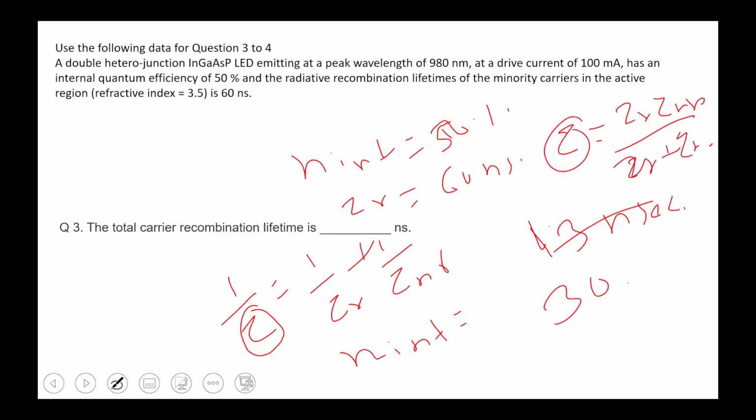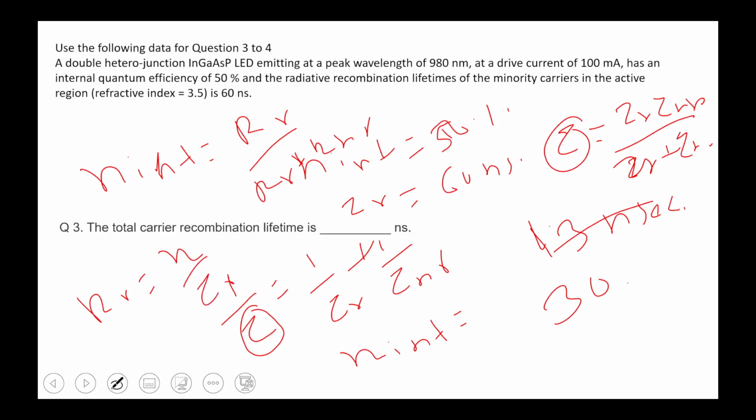So this is tau. Internal efficiency, do you know how to calculate the internal efficiency? It is RR upon RR plus RNR, where RR, the radiative recombination rate, equals eta upon tau R. From these equations, if you solve both, you get the relationship tau equals eta internal into tau R. You finally get this equation.